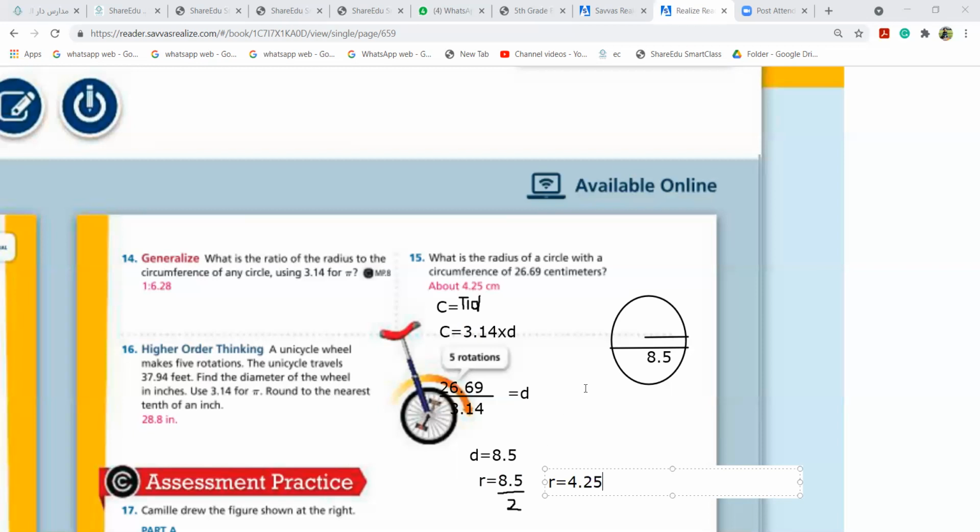If you don't know the circumference and area, later you will face problems. If you have finished this, can I just put a cross mark on question number 16? And we'll do the assessment practice. Then we'll do the additional practice.